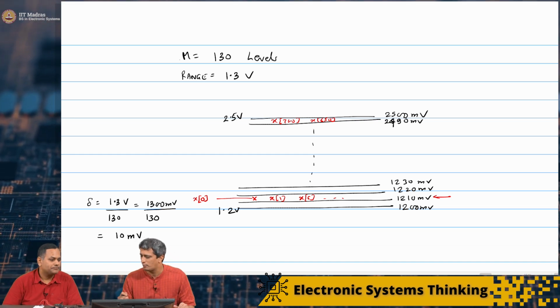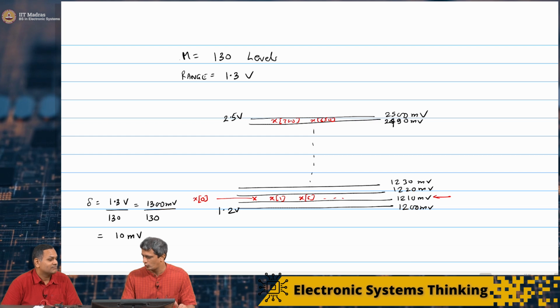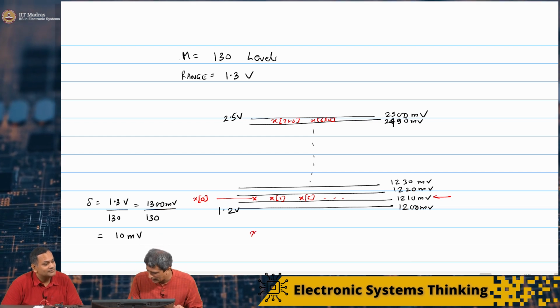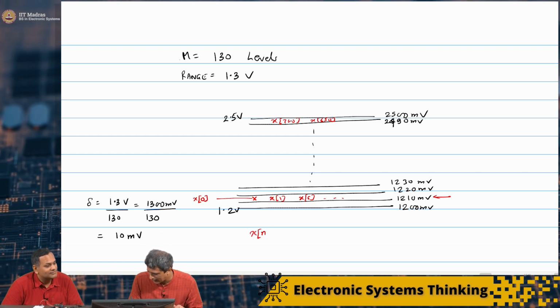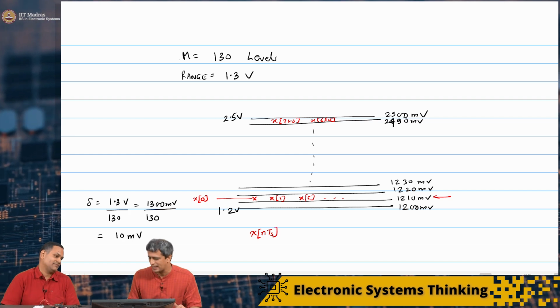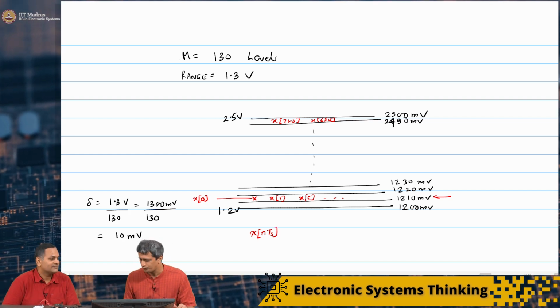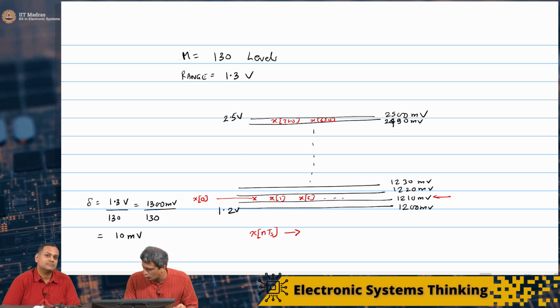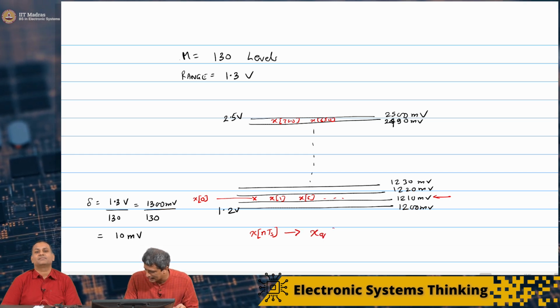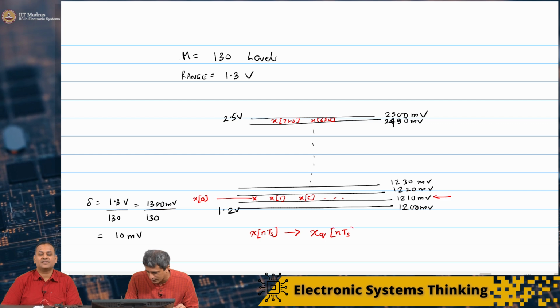So the maximum that we can have, if you look at it: we have x of nTs, the nth sample, and we are going to quantize this as xq of nTs.